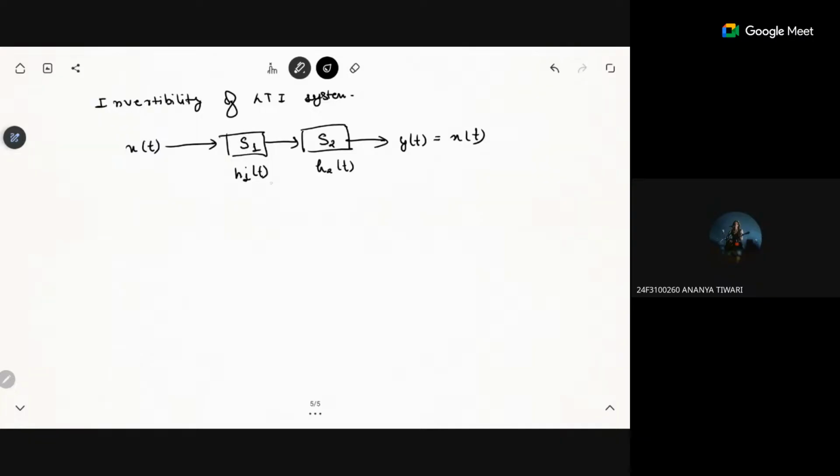But how will you know based on these impulse responses? So the condition is, okay, let's prove it. x(t), now you have to do the convolution. So convolution of h1(t) convolved with h2(t) results in x(t) only.